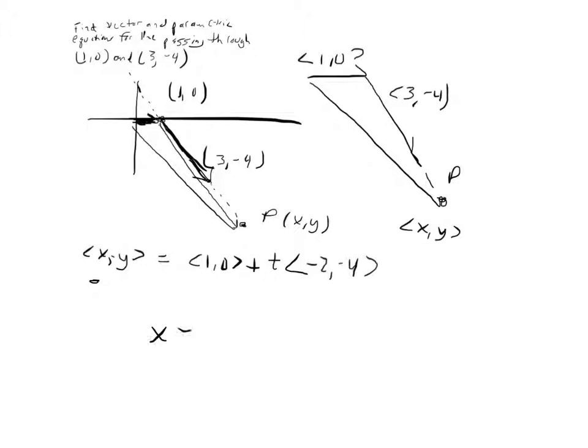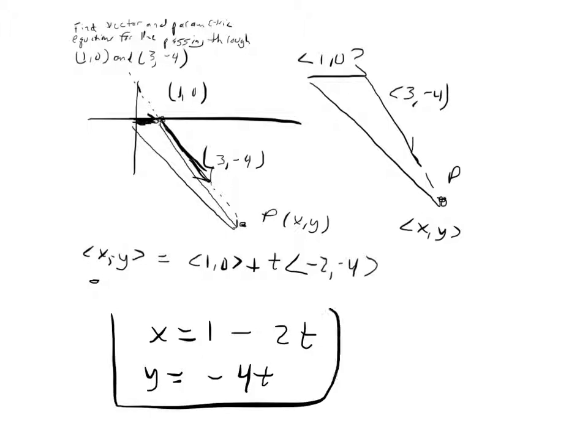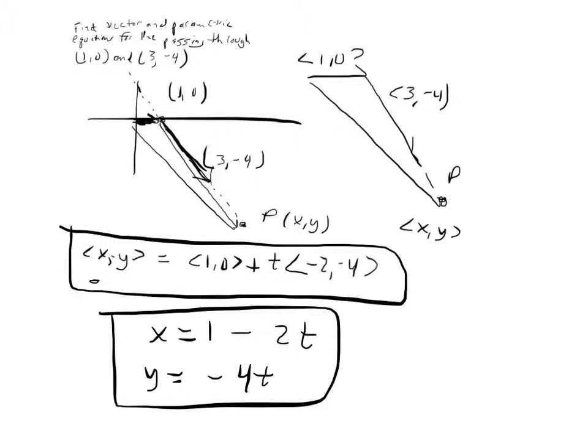So again, x is going to be 1 minus 2t, and y is going to be 0, so we'll just write that as 0 minus 4t. So there are my parametric equations for the line, and there's my vector equation for the line that passes through the points (1, 0) and (3, -4).